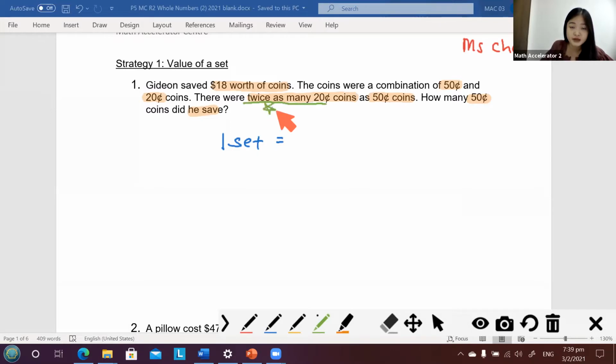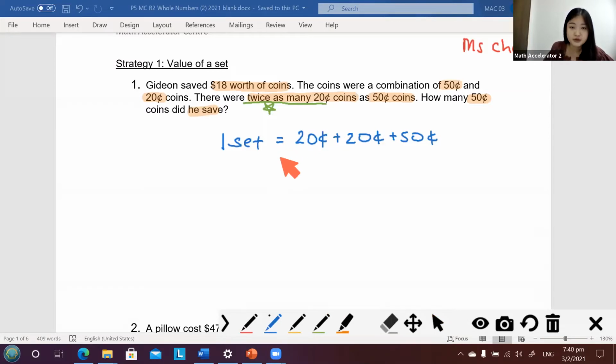This is your key sentence. Twice as many means for the 20-cent coins, we will have two of them, compared to the 50 cents, we'll only have one.